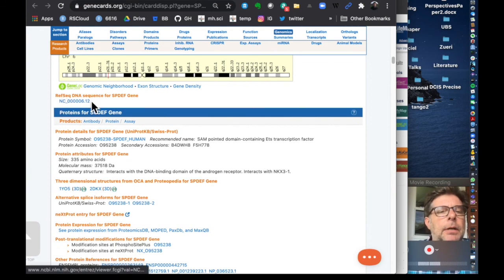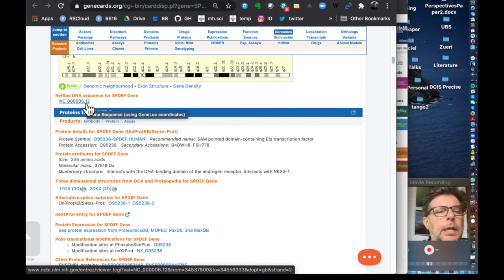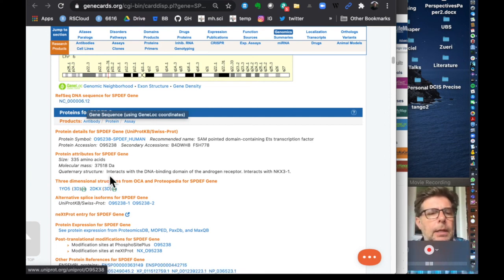RefSeq, this is now a reference to the NCBI database that's coming up. Okay. So it's a repository where that sequence originates from. So basically here, GeneCards does all the due diligence to show where that sequence is coming from, right? So not just information about the gene itself, but it gives you a way to trace back where it was found, where it's stored, its history.